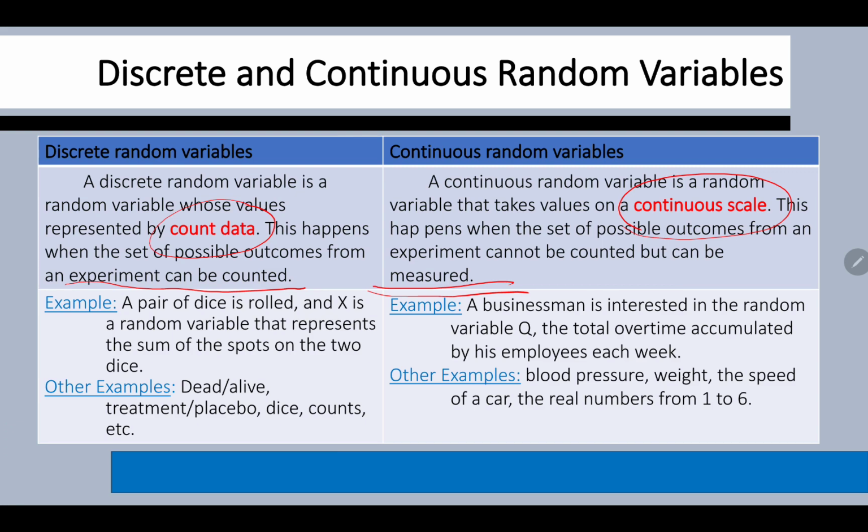For example, basta may measure: length of anything, measure of time, measure of distance, overtime accumulated time, blood pressure, weight, speed, the real numbers from 1 to 6. Syempre, ang daming real numbers from 1 to 6 we have to measure. Infinitely many. So, yun yung pagkakaiba.